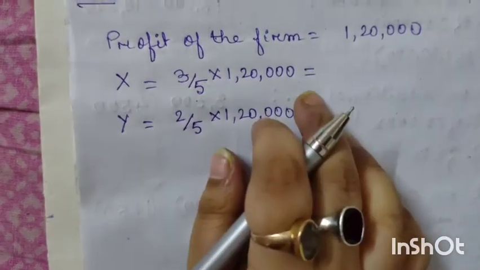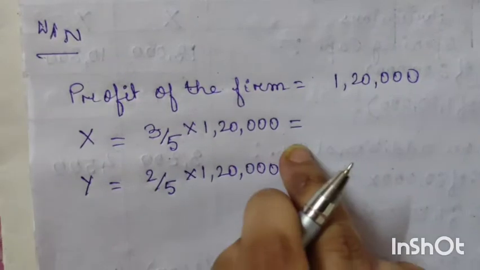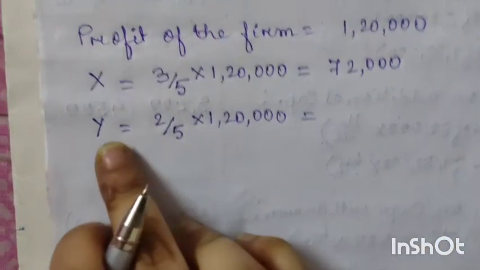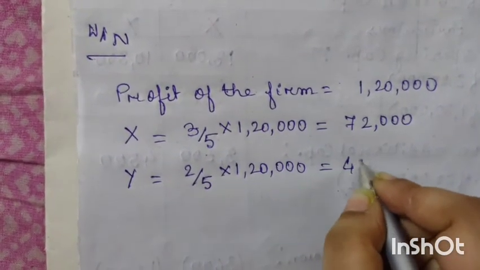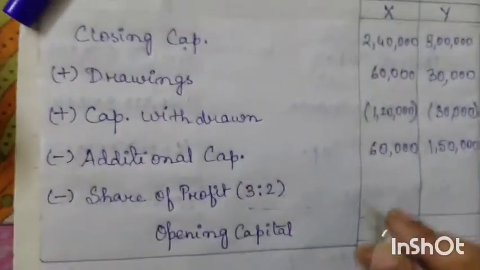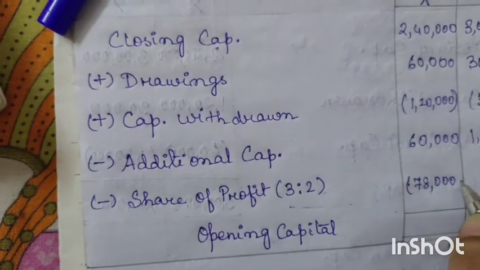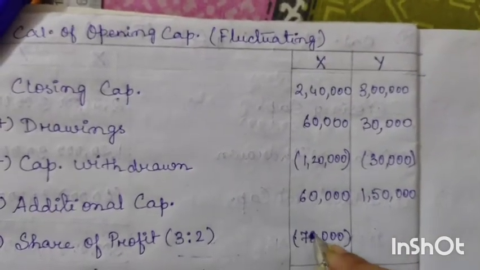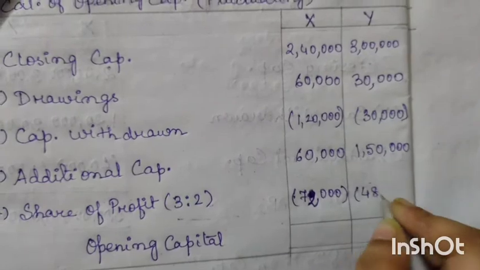So now if we calculate, in case of X the profit will be 72,000, and in case of Y the profit will be 48,000. So here we can write share of profit for X, it is less, so in bracket we will write 72,000, and in case of Y it is 48,000.